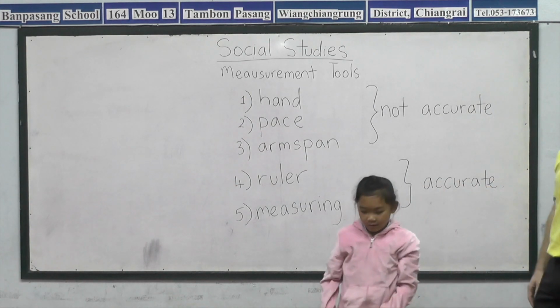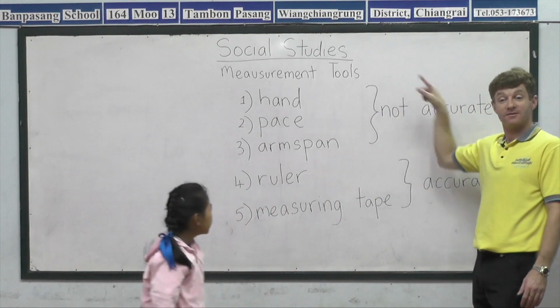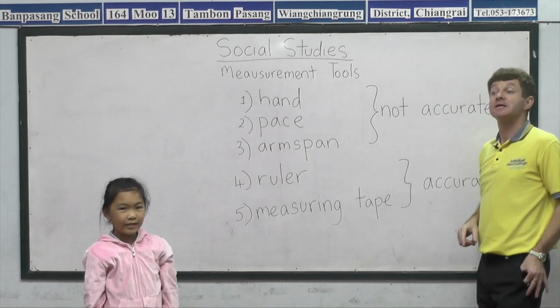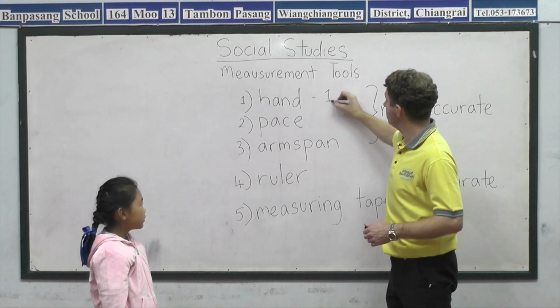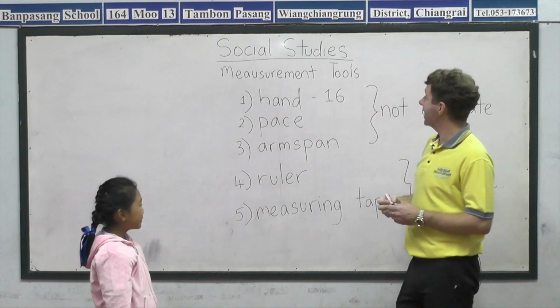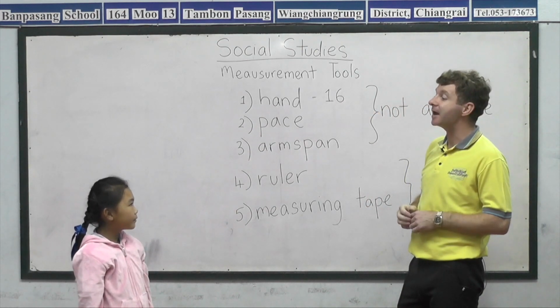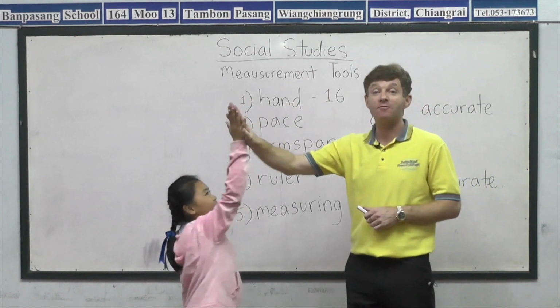How many hands did it take, Nadia? What was the distance in hands? 16 hands. So I will write 16 hands. Nadia, high five. Big round of applause for Nadia.